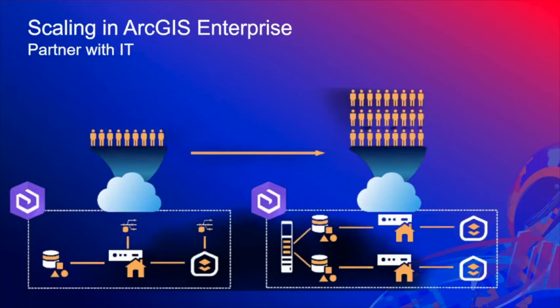It's not just always about supporting more users, it's also about supporting more workflows. So maybe your initial deployment of ArcGIS Enterprise only contained a GIS server. Maybe you could support certain workflows and you had no interest at the time in working with imagery. Fast forward 3 years later, you may have new requirements that demand the addition of a new server.